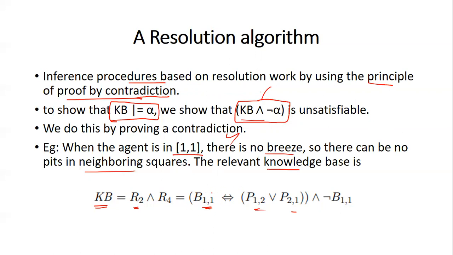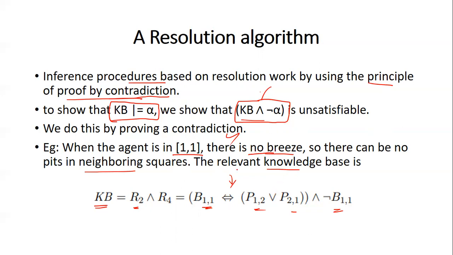If there is breeze in 1,1, then bidirectional pit in 1,2 or 2,1. So this is a generic rule. But there is a fact given. What is the fact given? There is no breeze in 1,1. It is given in the question there is no breeze in 1,1, and this is the knowledge we have. That is, if there is breeze, there is pit.